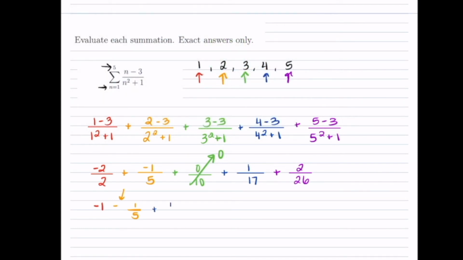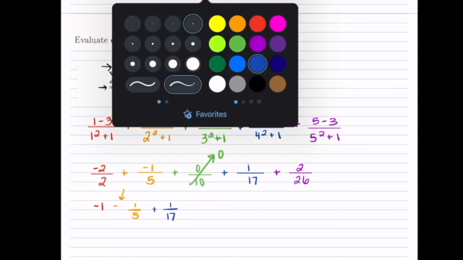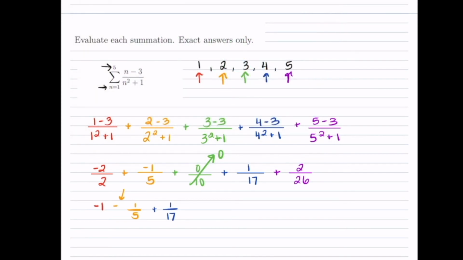This one is fully simplified, and our last term we can actually divide by 2 because they're both divisible by 2. 2 divided by 2 is 1, and 26 divided by 2 is 13.